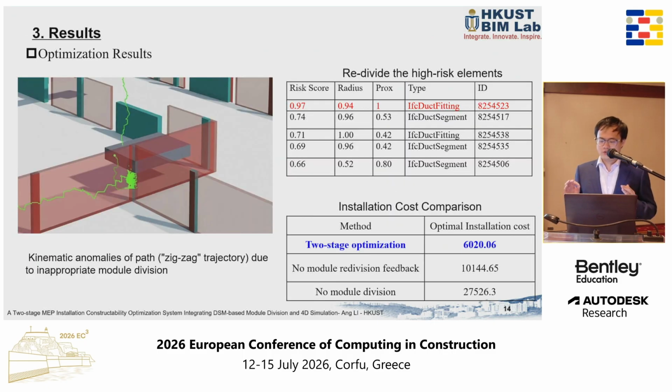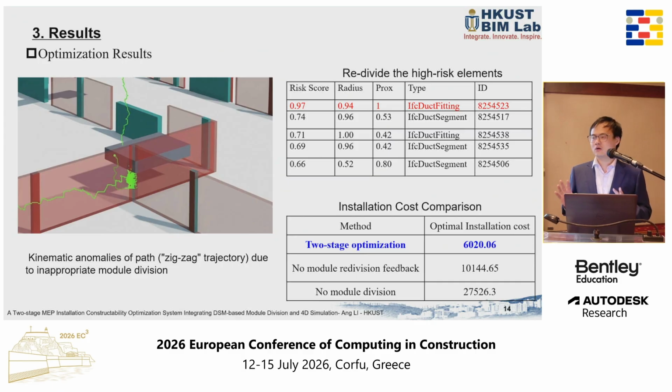And then we analyze the optimization results. Through the feedback loop, several high-risk elements causing the zigzag anomalies were identified, as the figure shows. We identify a very high-risk element, redivide this module, and solve the anomalies.